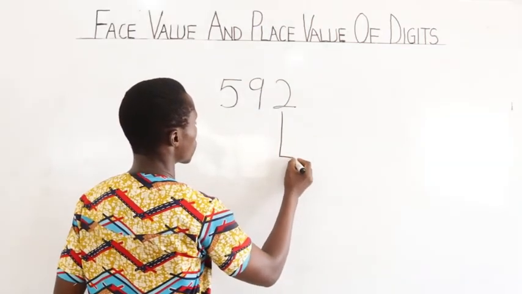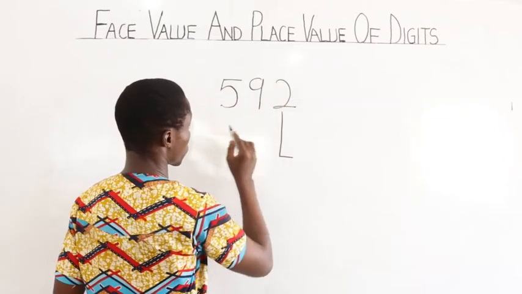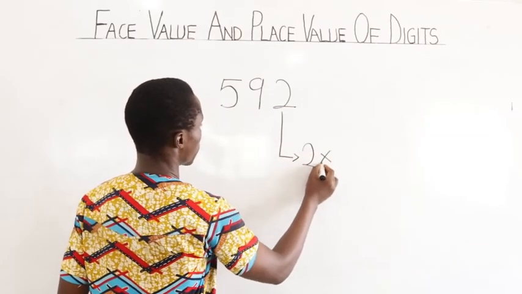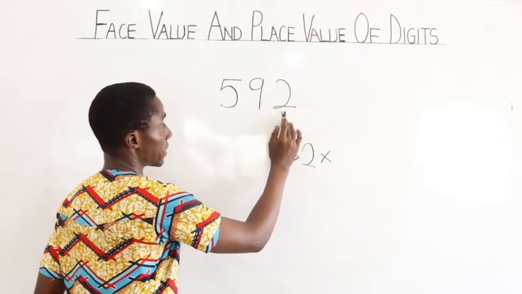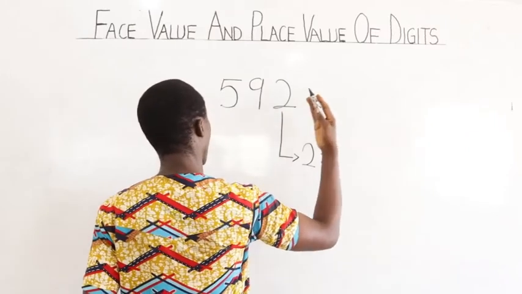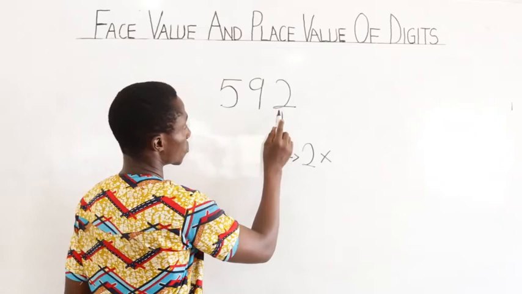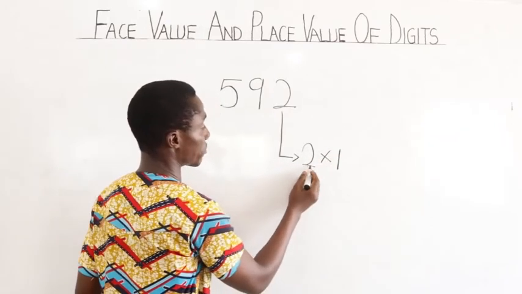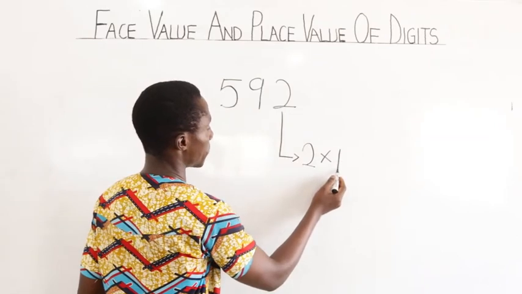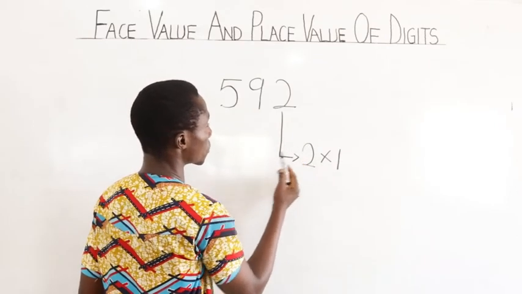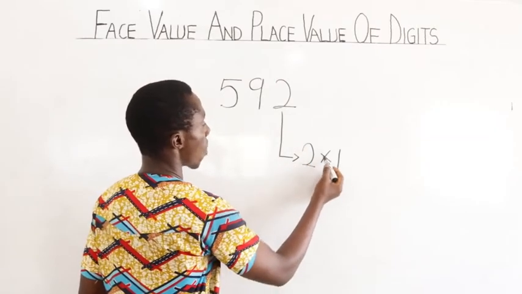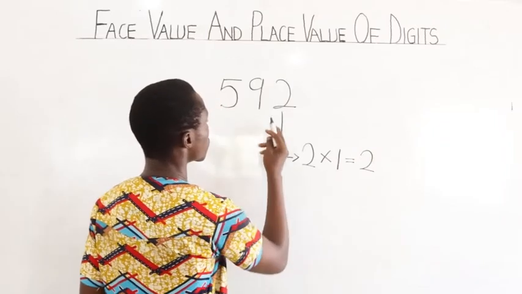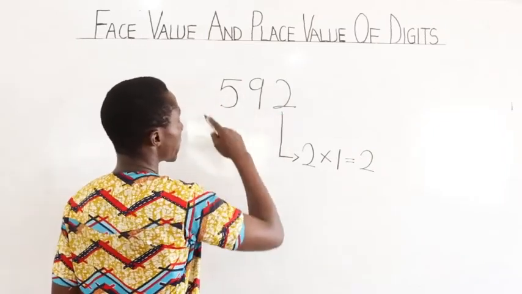The place value of 2 in 592 is given by the face value of 2, which is 2 multiplied by the value of the number place of 2. And counting from our right hand side, the digit 2 is in the ones number place. Therefore, we are going to have a face value of 2 multiplied by a number place of 1. And that will give us a place value of 2 for the digit 2 in the number 592.